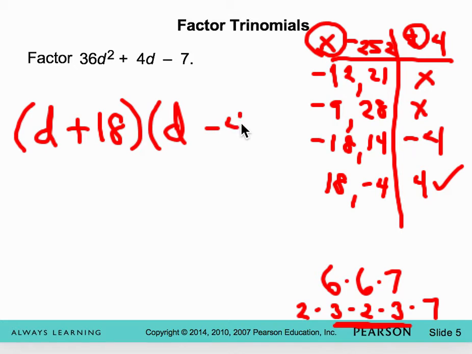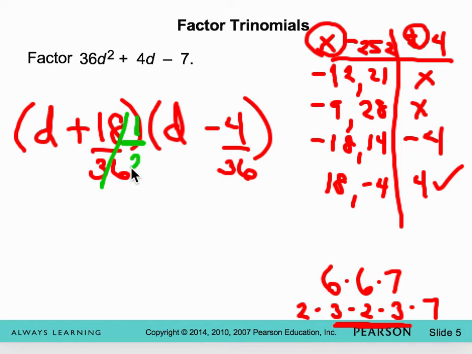So that means we have a D plus 18 and a D minus 4. But I'm going to divide both of them by 36. 18 divided by 36 is 1 over 2. 4 divided by 36 is 1 over 9.